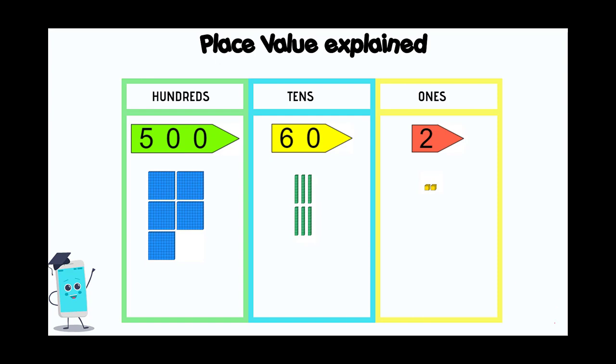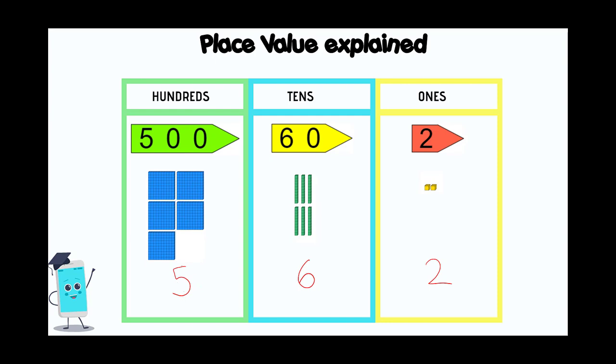Now, if I was to write that, and this is where we want you to get to by the end of year 3, I can see that I have 5 lots of hundreds, I have 6 lots of tens, and I have 2 lots of ones. So my digit 5 is in the 100 place.